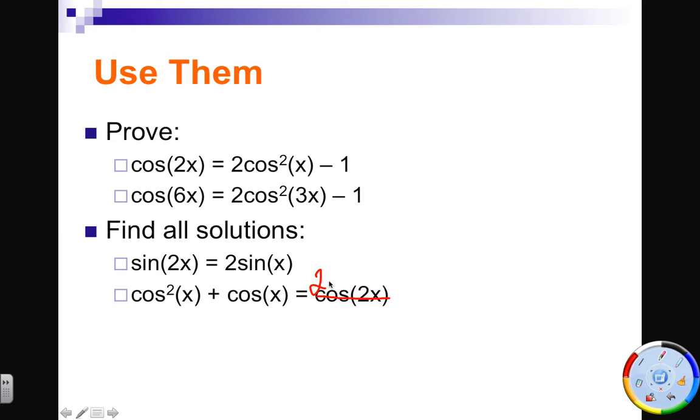So I'm going to say this is actually 2 cosine squared of x minus 1. I'm just going to rewrite that. Then I can do the same thing I did before, and because it's an equation, if I subtract cosine squared from both sides, I get cosine squared x minus cosine x minus 1 equals 0.